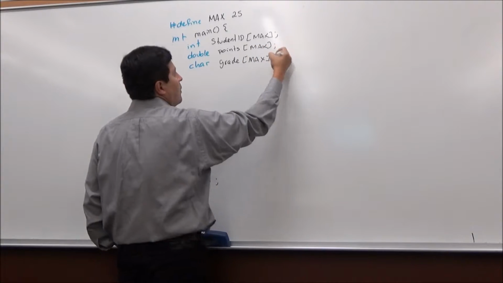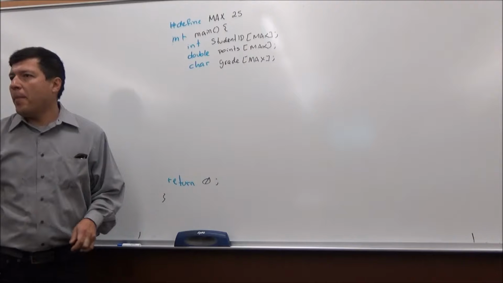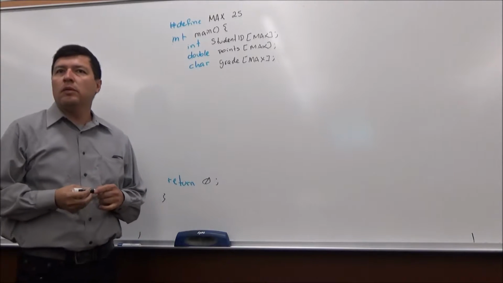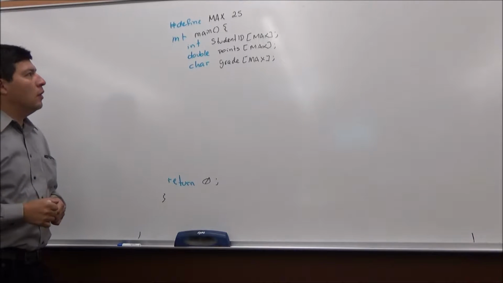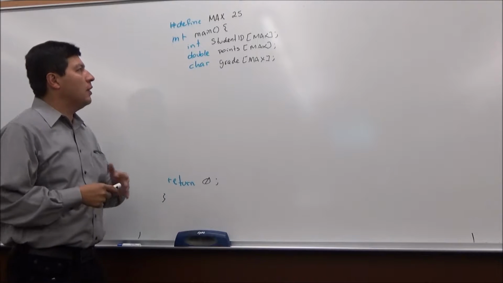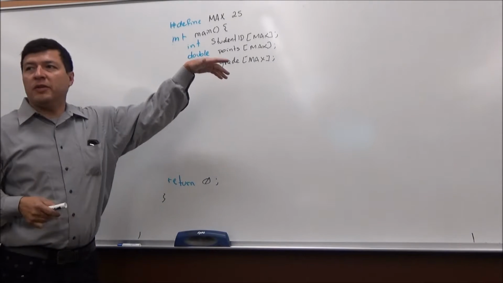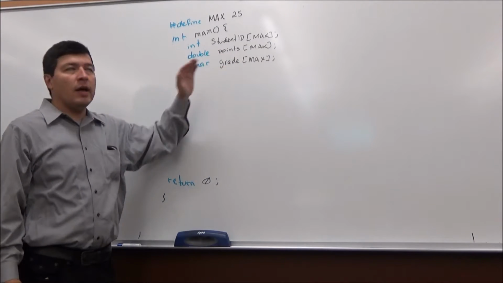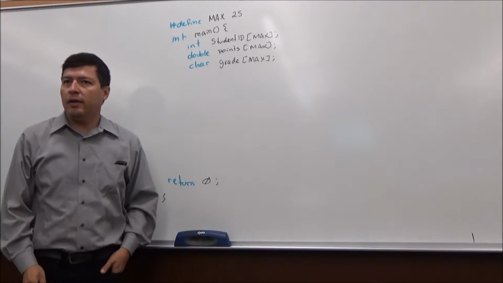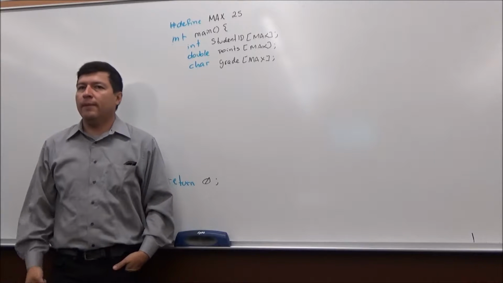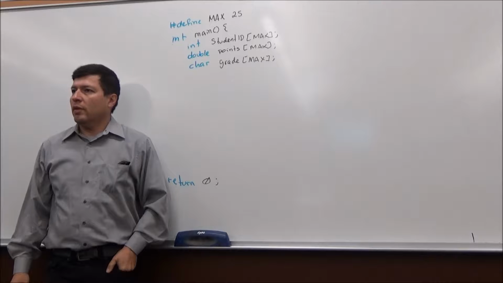So I'm having 3 parallel arrays. I got 25 students, I got their student ID, I have all their points, and then I manually calculate the grades.